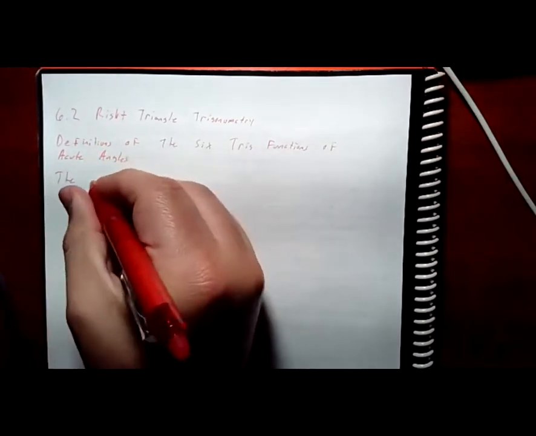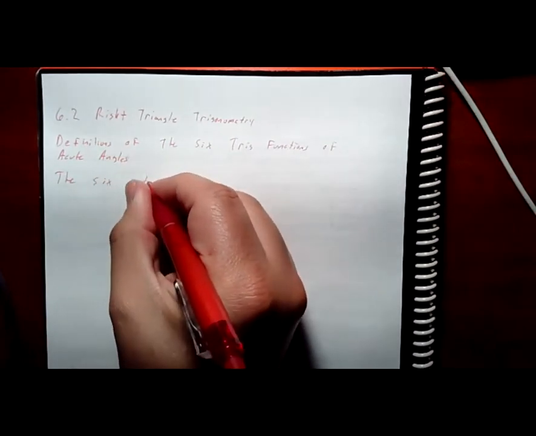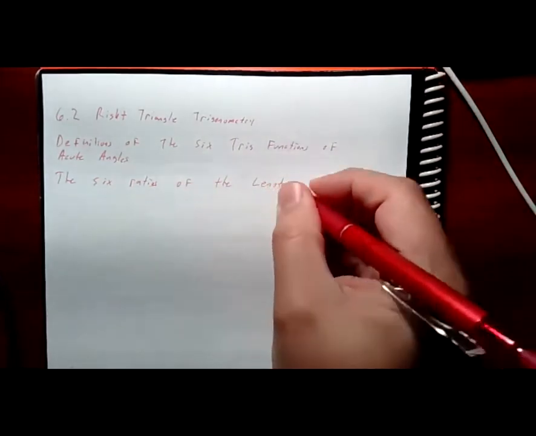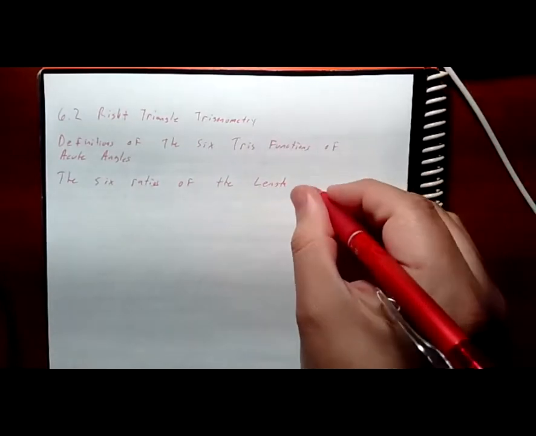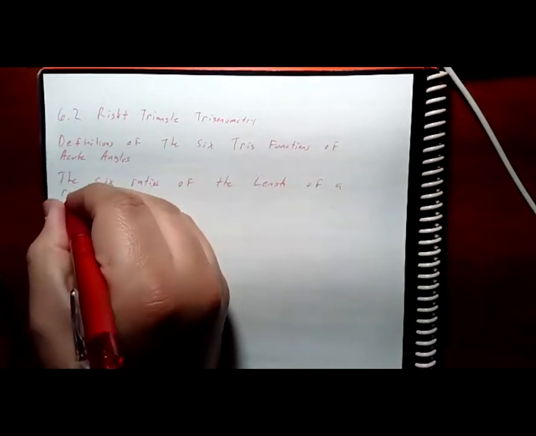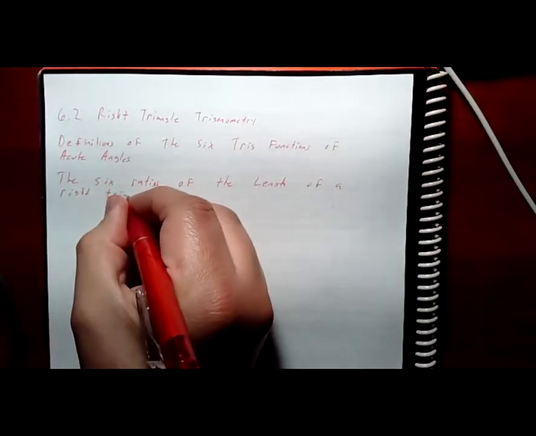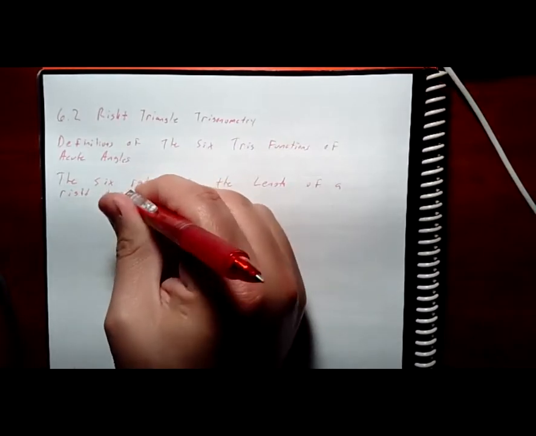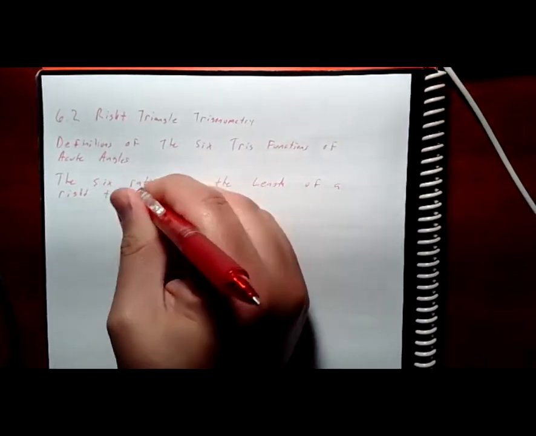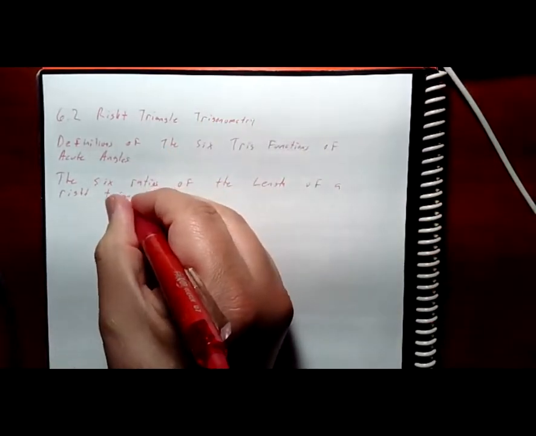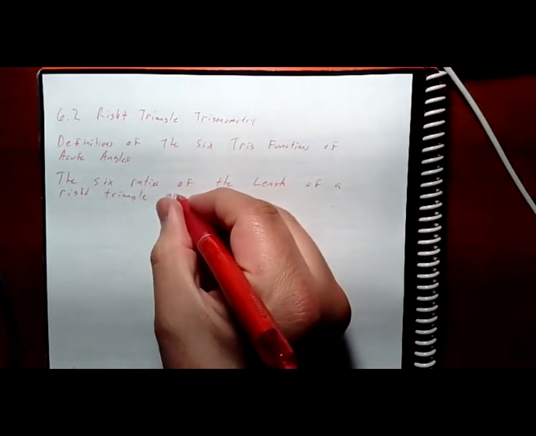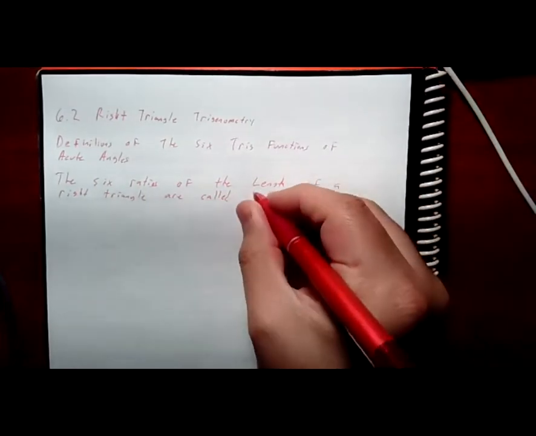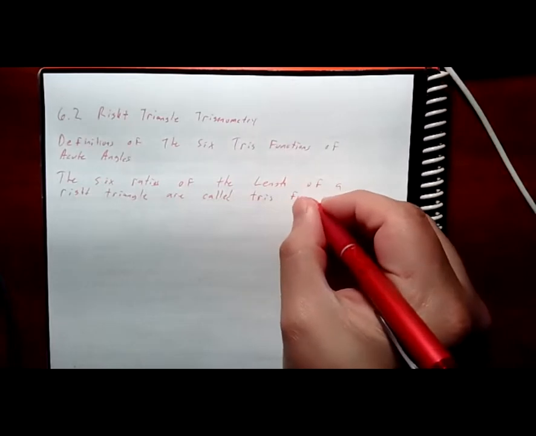So the 6 ratios of the length of a right triangle are called trig functions. So that's basically what they are.